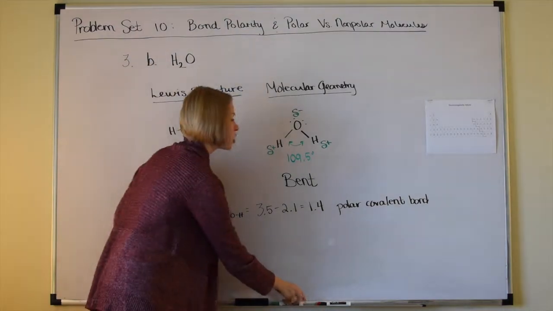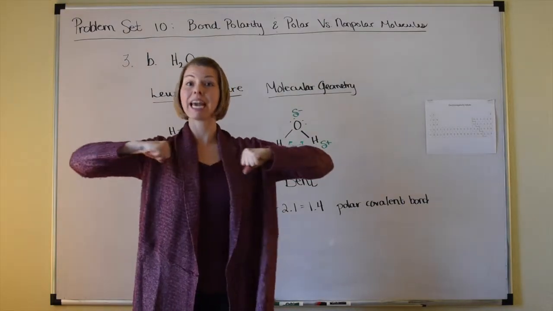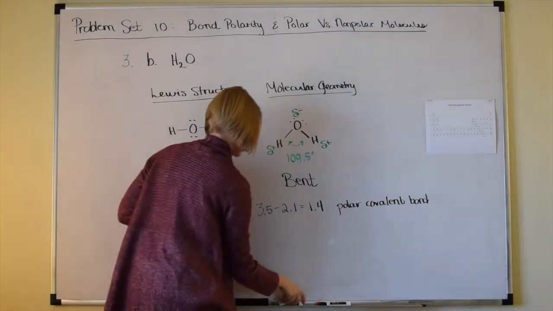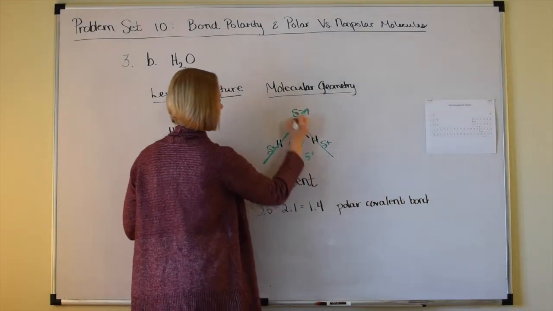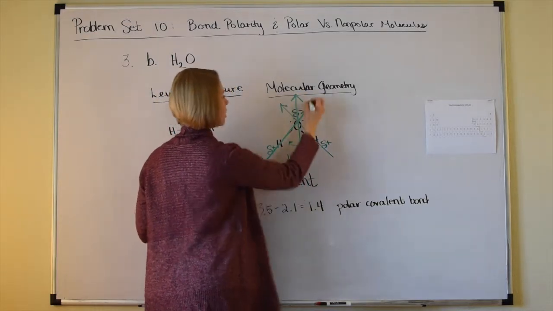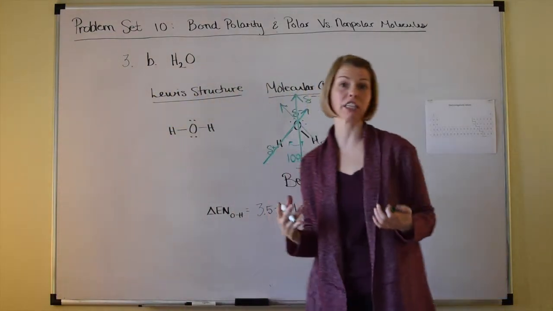Now, because of the shape of the molecule, it is not linear, which would cause them to cancel. It is bent. We actually get some adding together for an overall partial negative charge on the oxygen side of the molecule.